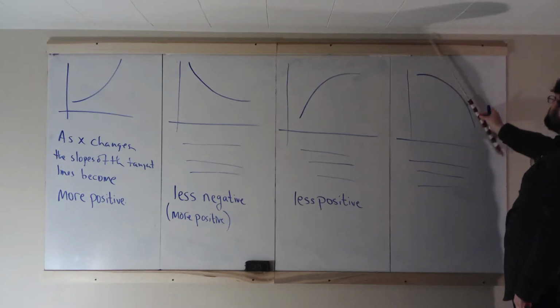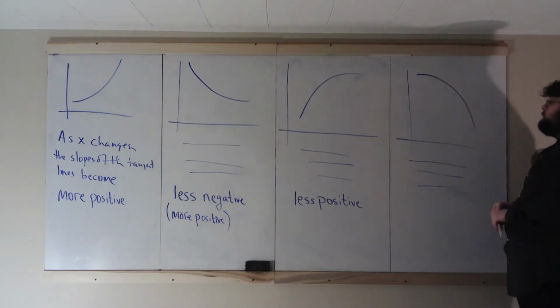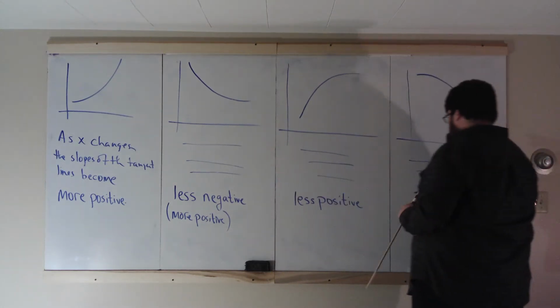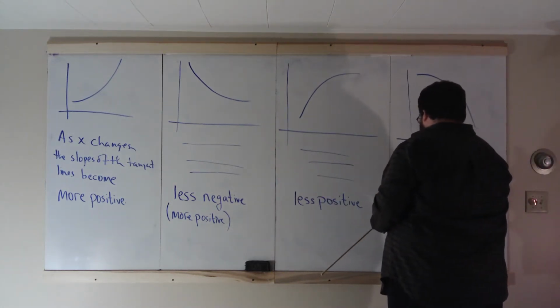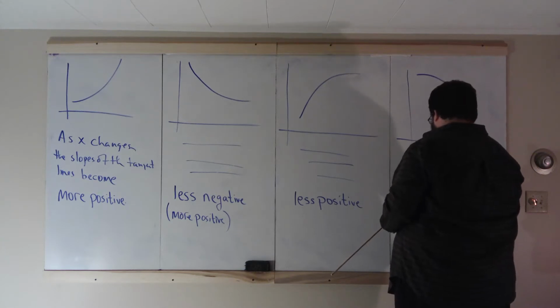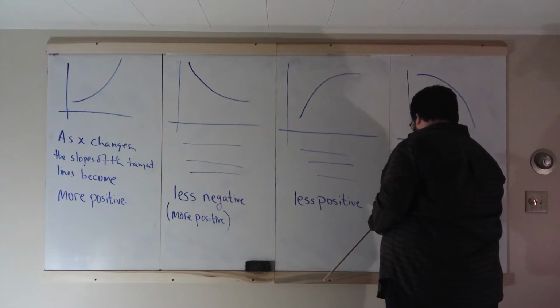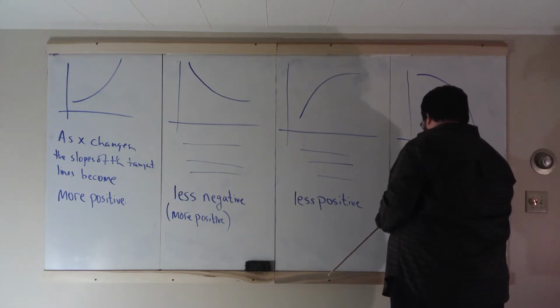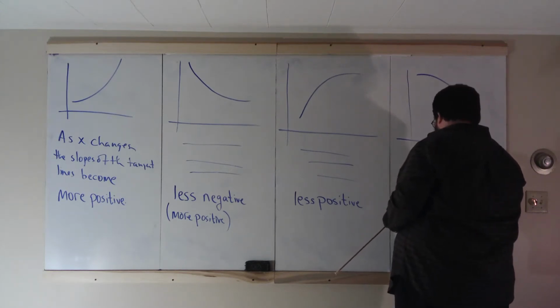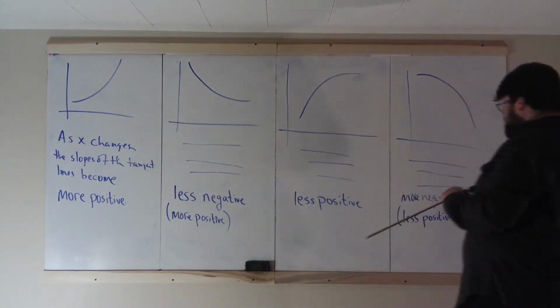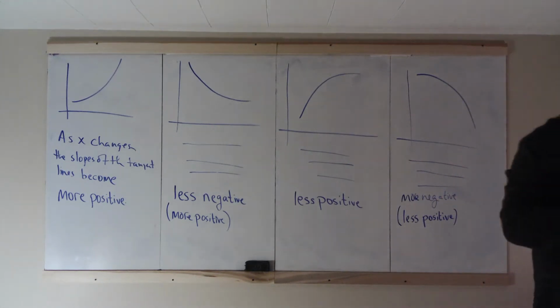But it becomes much more downward sloped. So it starts as a negative, it becomes even more negative. And of course, that's another way of saying less positive.